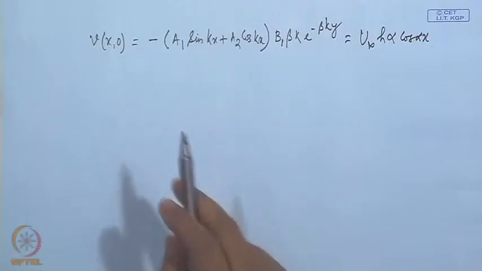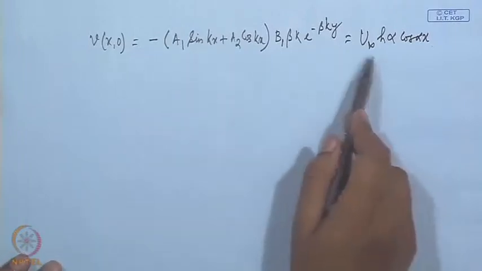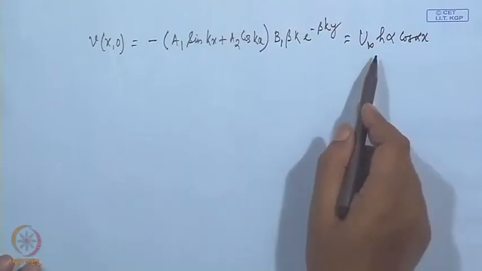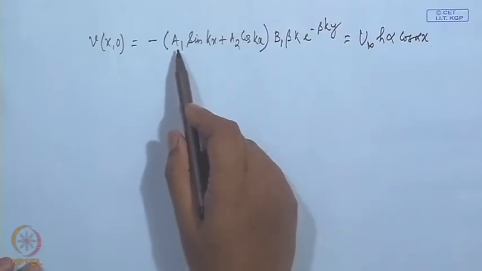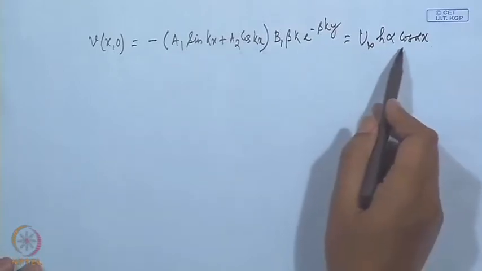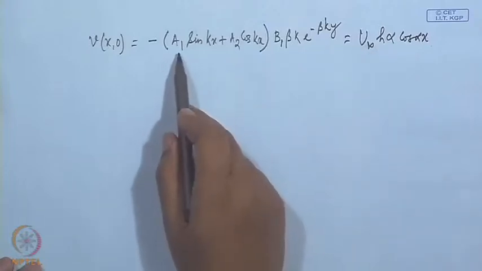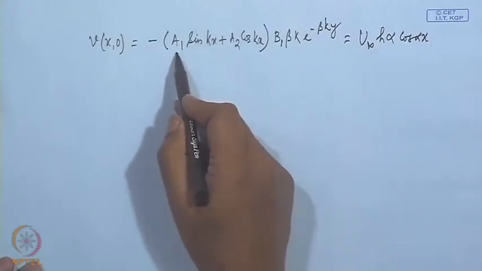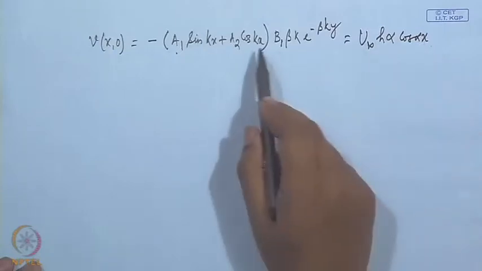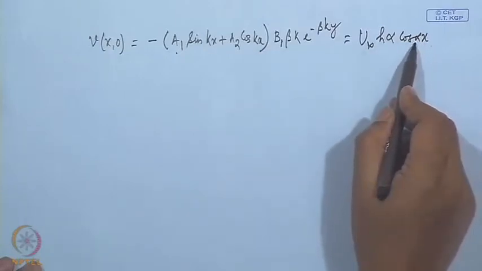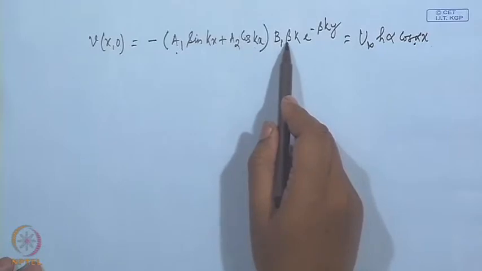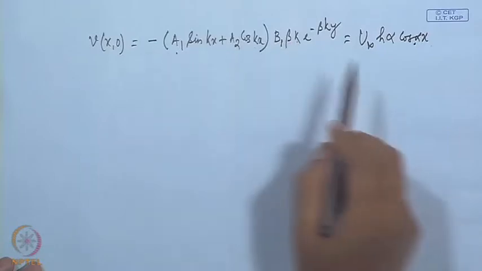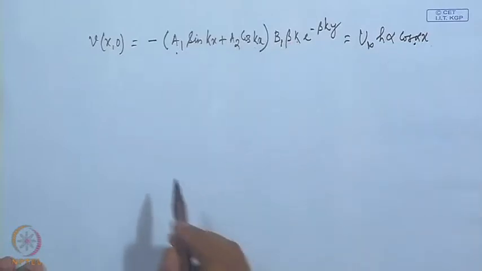Now, this can be satisfied only if A 1 is 0, there is no sine term on the right hand side. So, there must be no sine term on the left hand side. So, A 1 must be 0, k must be alpha, and minus A 2 B 1 beta k is u infinity h alpha.